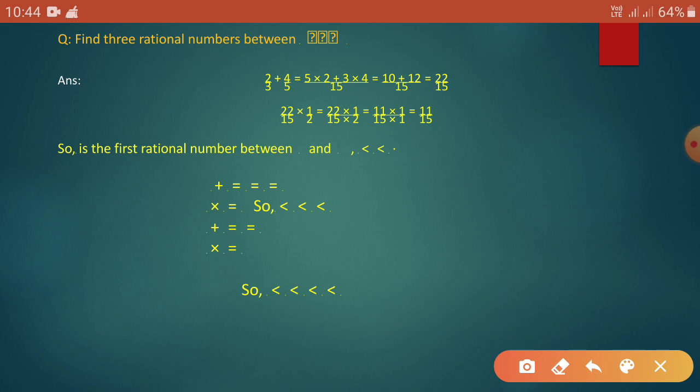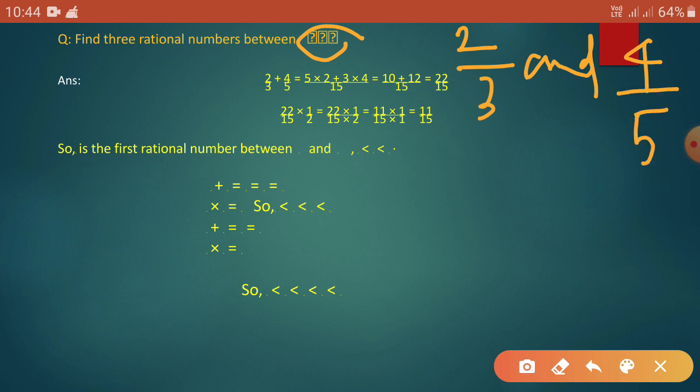Suppose here we are finding the rational numbers between 2 by 3 and 4 by 5. What are the steps? We have already learned that the first part is to add these two rational numbers.